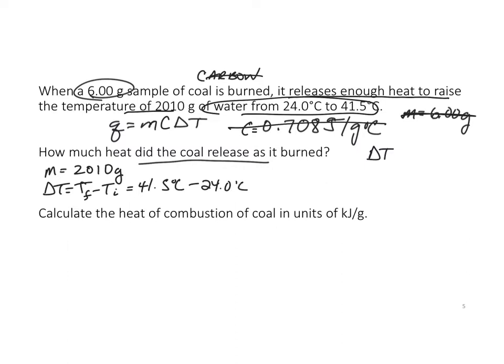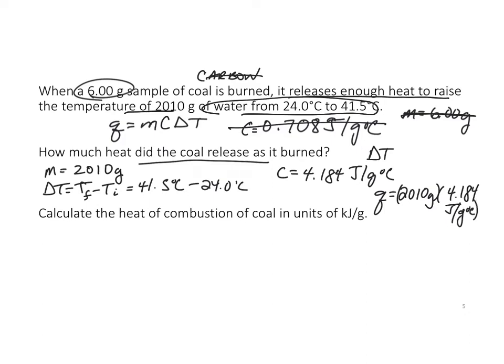And because we're using the mass of the water and the change of temperature of the water, we have to use the specific heat of the water, and that is 4.184 joules per gram degree Celsius. So now we'll do Q equals 210 grams of water times 4.184 joules per gram degree Celsius times the delta T, which is 41.5 minus 24.